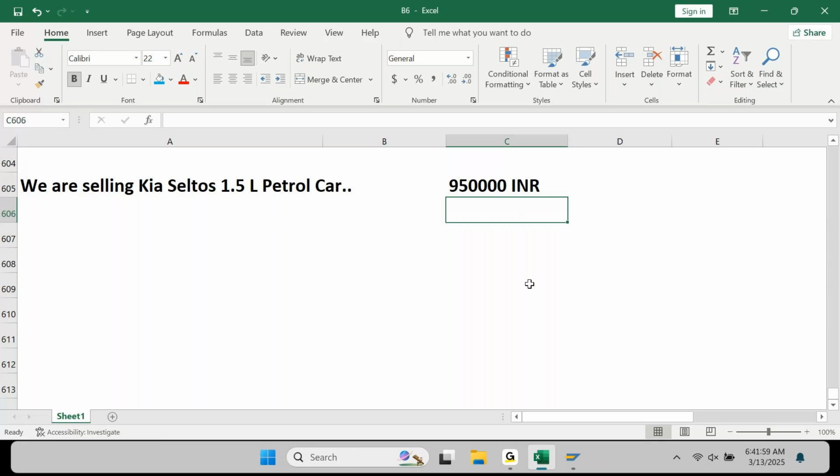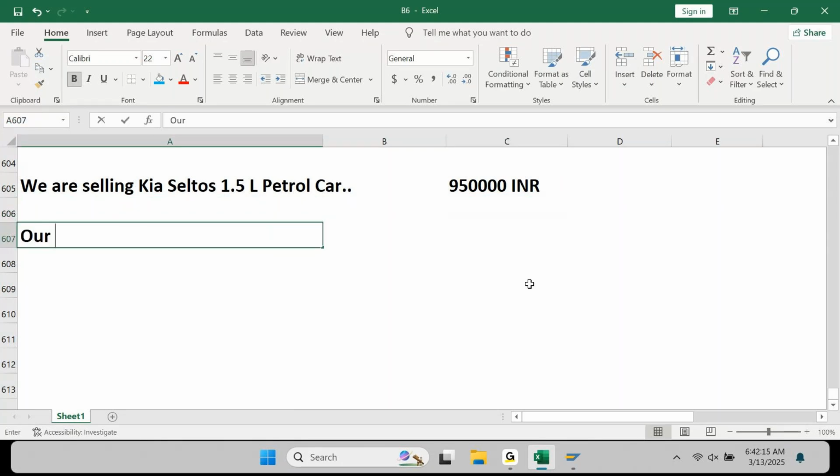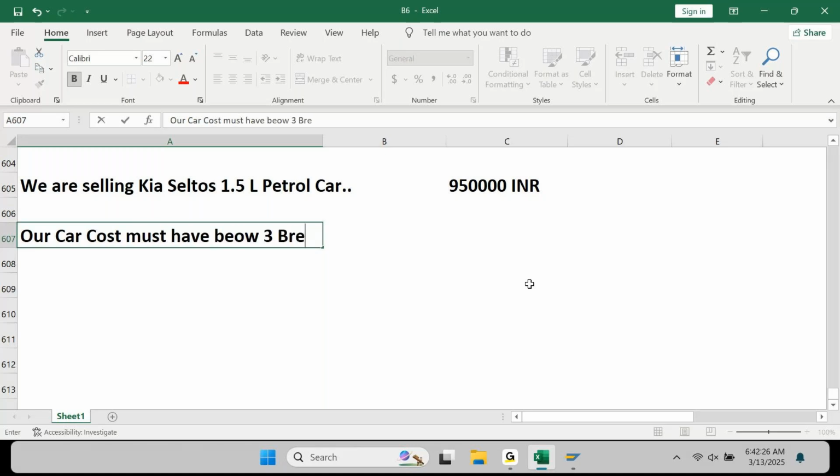If I am representing myself as Kia Motors, do I buy and sell it to the customer, or do I manufacture and sell it? Manufacturing, sir. Right, I will be manufacturing and selling it to the customer, meaning our car cost must have a three-part breakup.